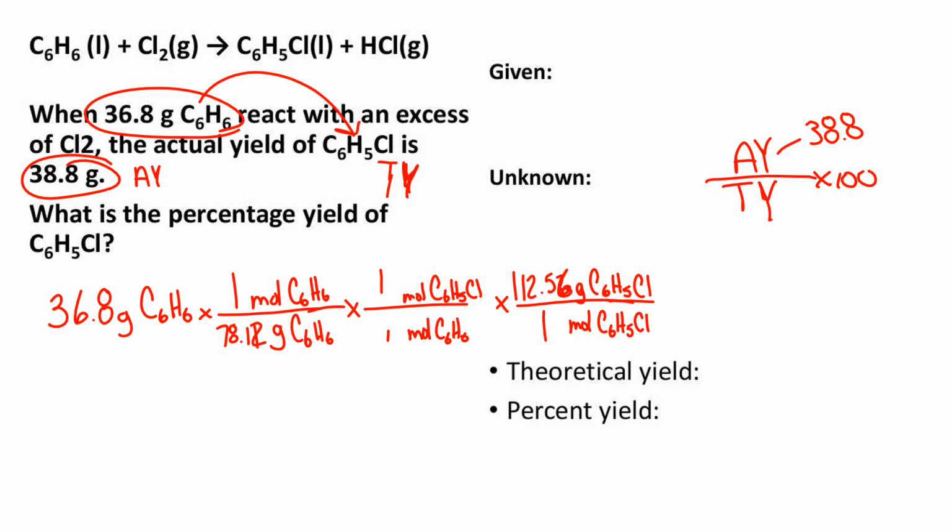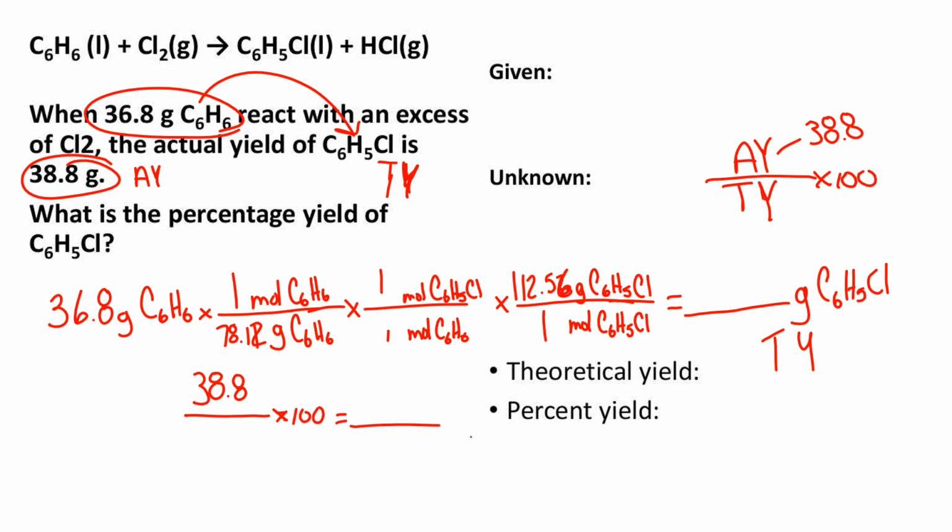So now we can solve there. That's going to give me grams of chlorohexane, and that is my theoretical yield. Once I solve that, then I can take my actual, divide it by my theoretical, and that's going to give me my percent.